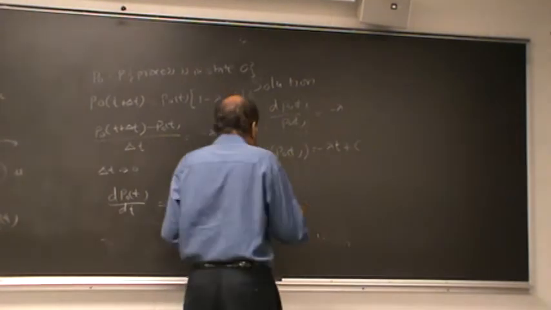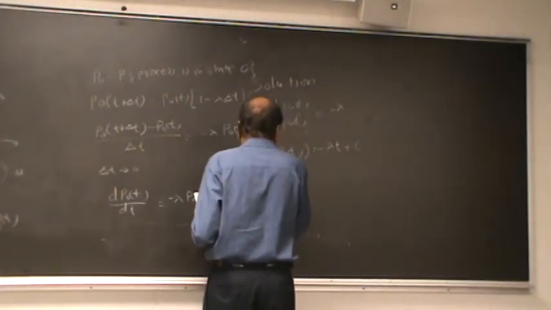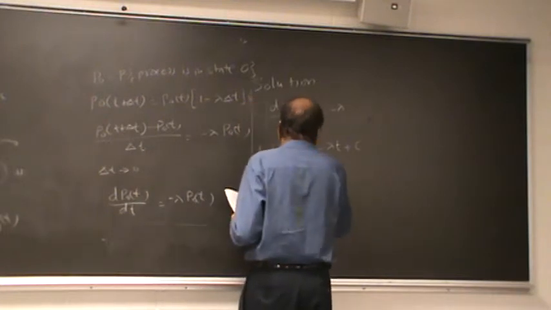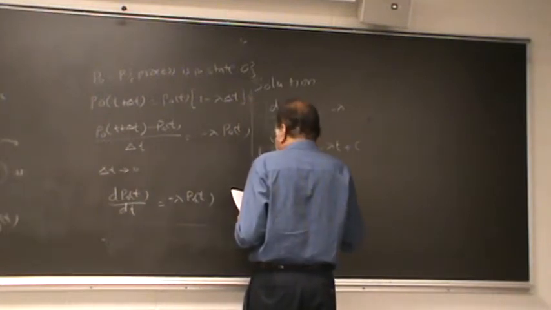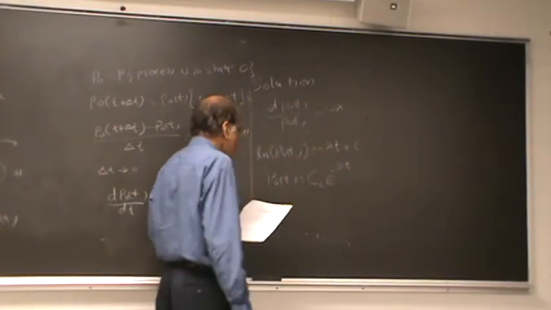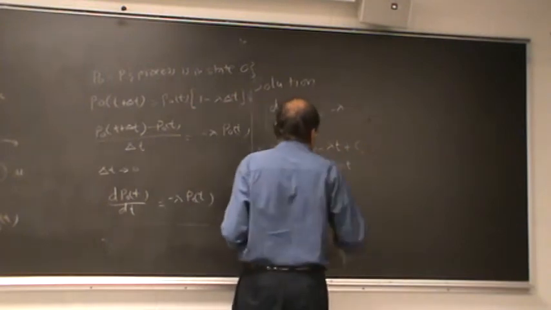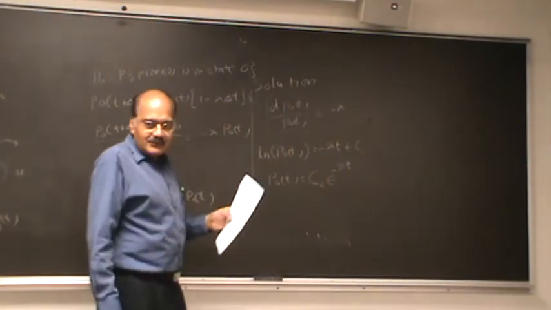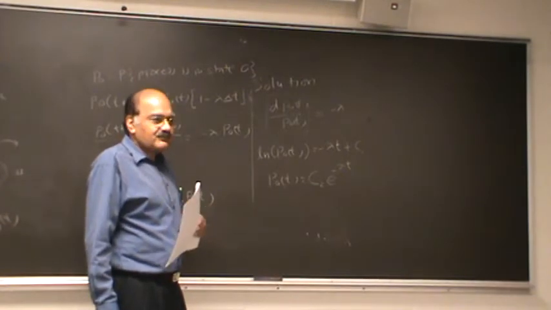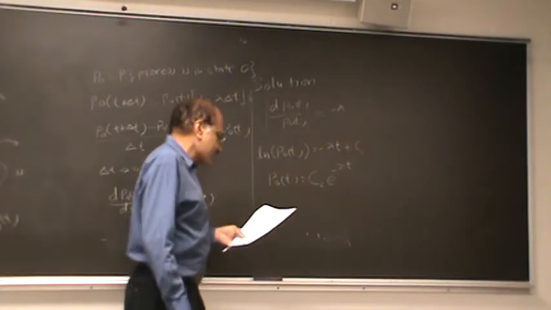And now I rewrite this as P0(t) equal to some C2 e raised to minus lambda t. And maybe I can call this C1. There's a connection between C1 and C2, but we don't care really, because we are going to figure out what C2 is going to be.